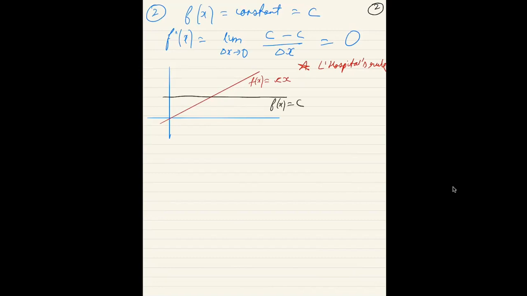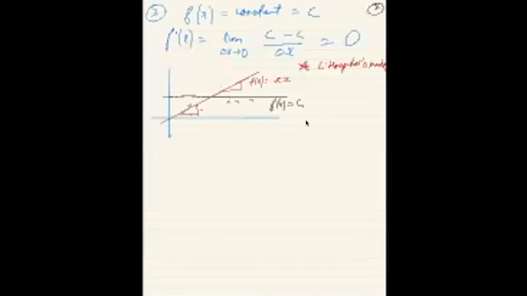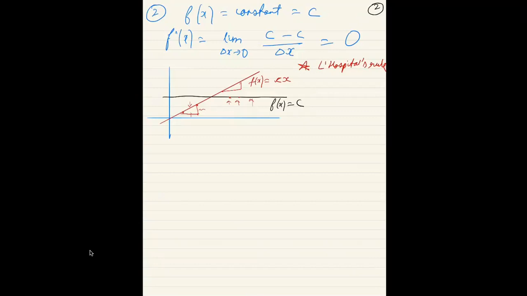The change in this red one is the ratio of the y value divided by the x value, which is constant irrespective of where you do it. You could do it here, you could do it here, it is constant. This change is simply this height divided by the space. In the black one, again the change is constant, but furthermore the change is zero. You could go from this x to this x plus delta x and there is no change in the function. And that reflects that the derivative of this function is zero.